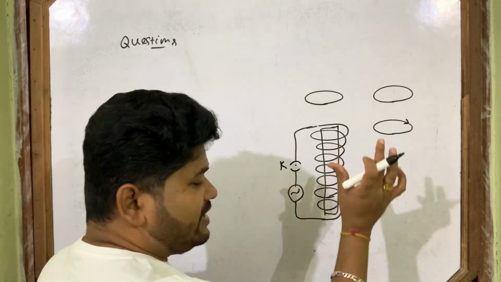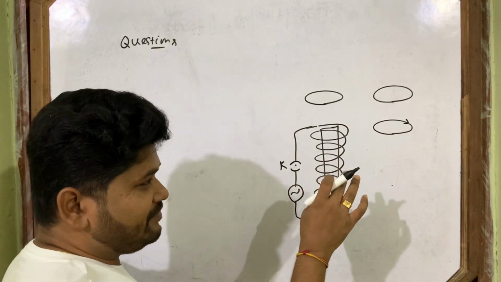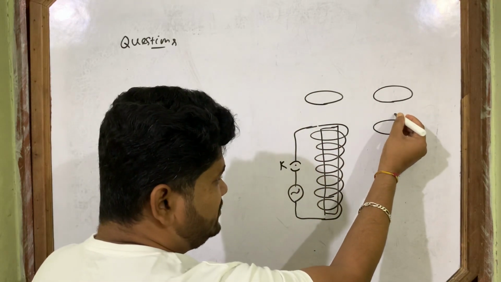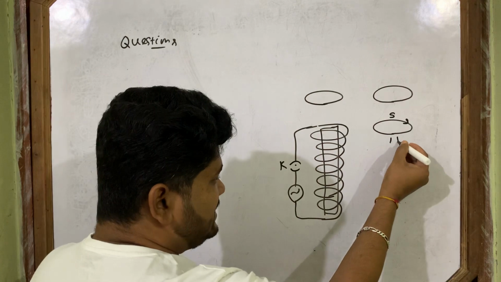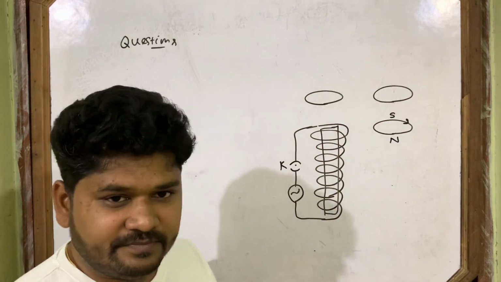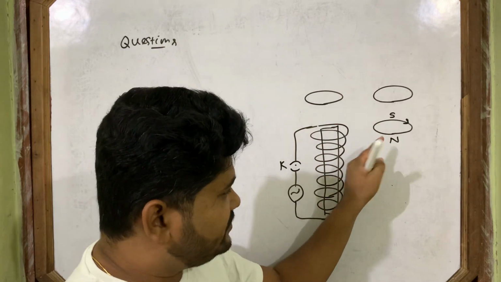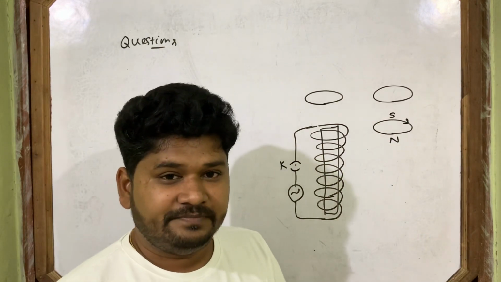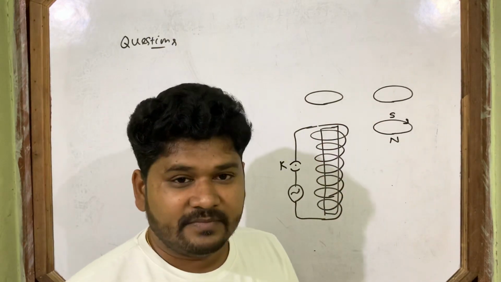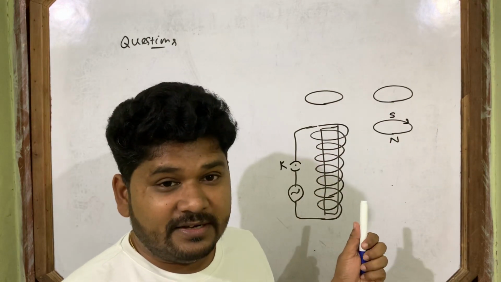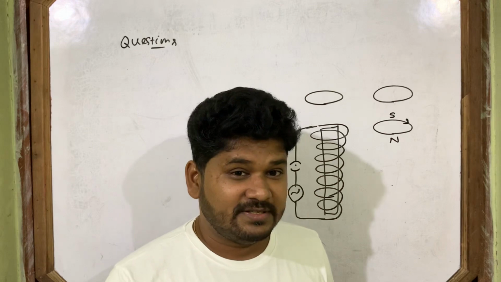In such a way the current passes that the upper side is now south pole and the lower side is now north pole. The sense of the current is like this, so that the upper part is south pole and the lower part is north pole. But here, will the sense of the current be the same or opposite?